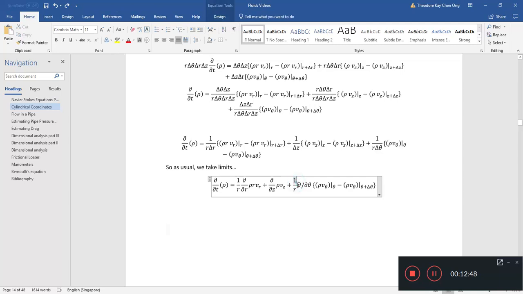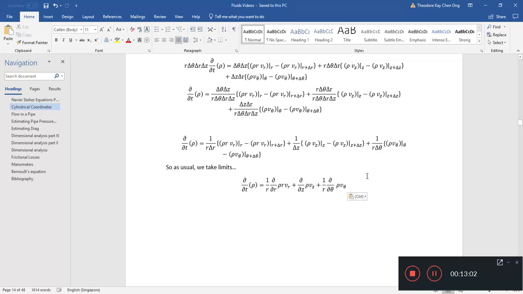I should put more space here, and that will be it. Now we have our continuity equation.